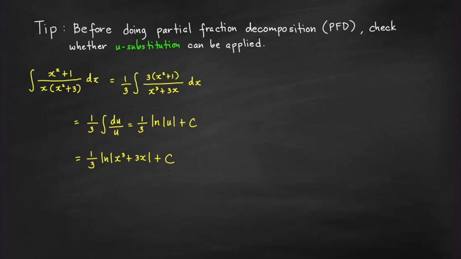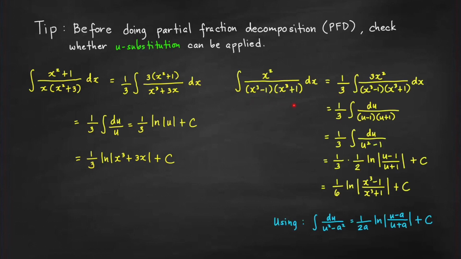Another example, so if we're given this integral, before we apply partial fraction decomposition, we try first again u-substitution. And for this given integral, if you let this x cubed be your u, the du is just 3x squared dx, which is just a constant multiple of this x squared dx.